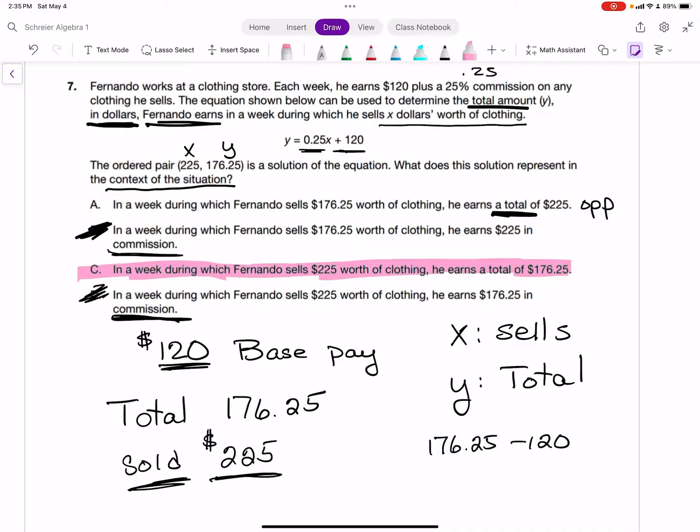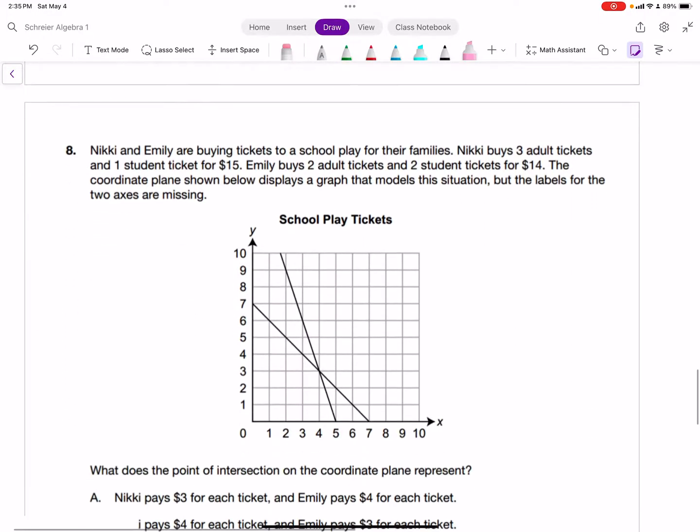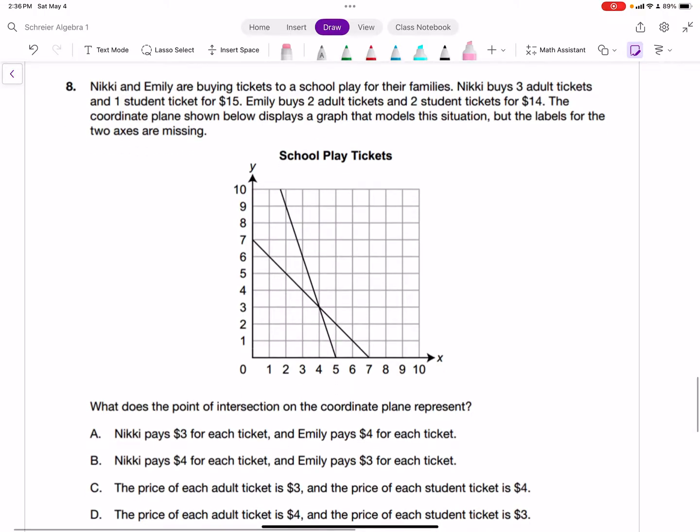And let's do one more example. So, Nikki and Emily are buying tickets to a school play for their families. Nikki buys 3 adult tickets. So she's buying 3 adult tickets. And 1 student ticket.